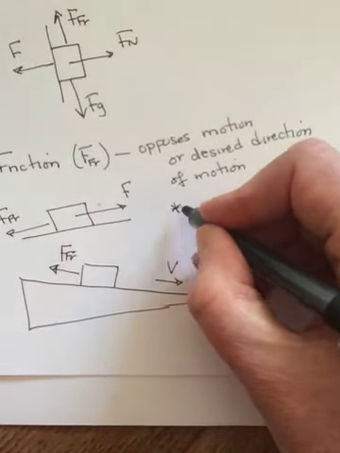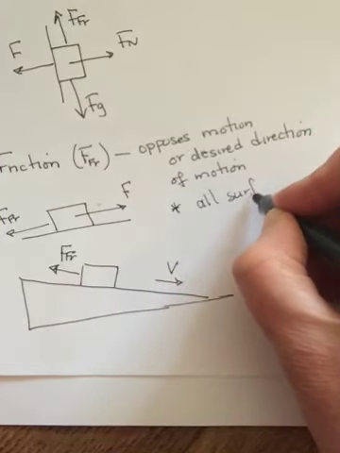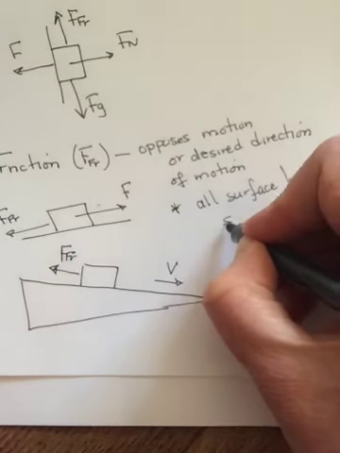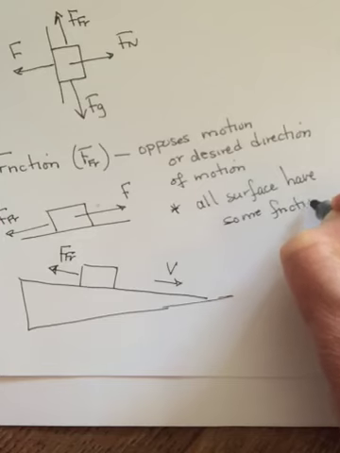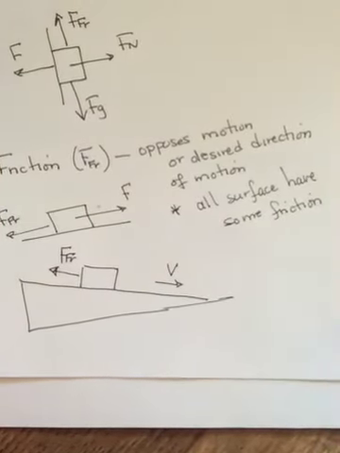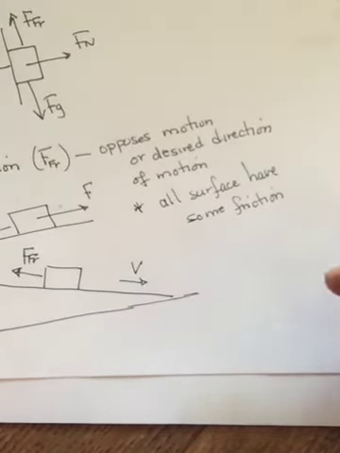A second important thing about friction is that all surfaces have some friction. Now we can polish the surface, we can Zamboni the surface, it's still going to have a little bit of friction. We can't get rid of friction completely.